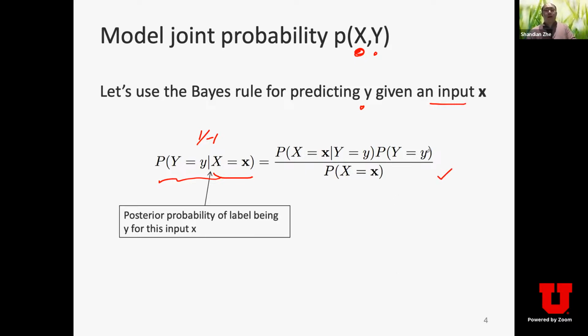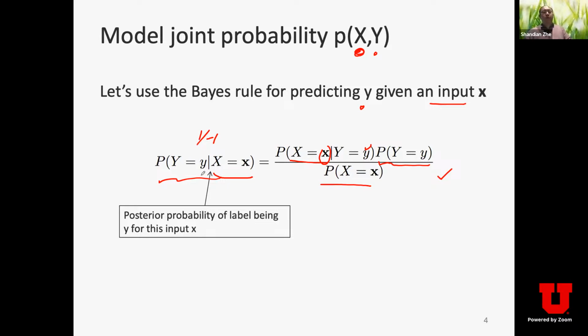We know that it is equal to a fraction. The numerator is the prior probability of your label Y taking some particular value, and then the likelihood that, given your label takes this particular value, you observe the data X. So this is a joint probability, divided by the marginal probability that you observe the data X. This is just the application of Bayes rule.